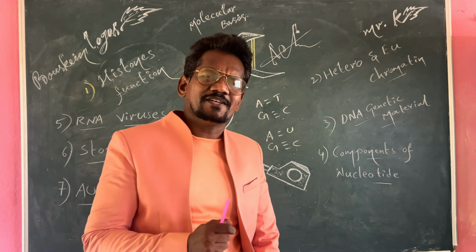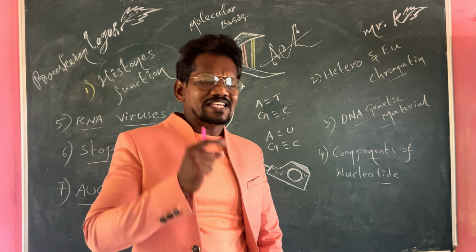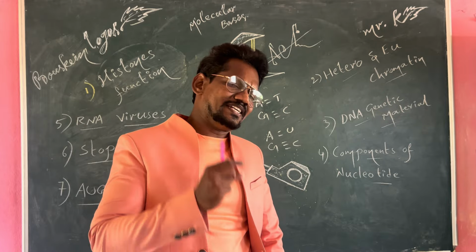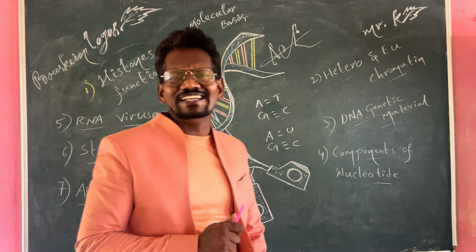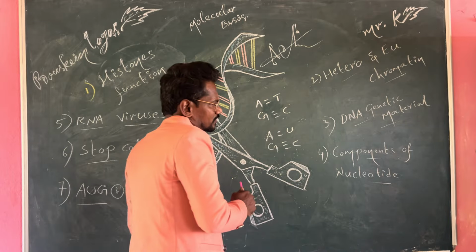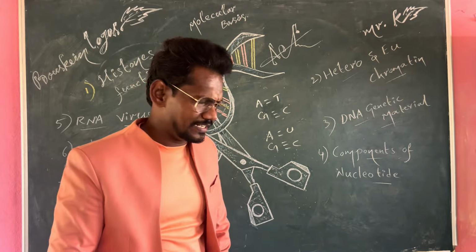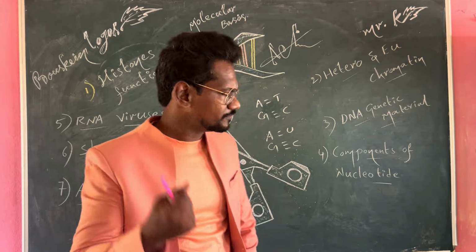Alfred Hershey and Martha Chase. Scientist number 1, Alfred Hershey. Scientist number 2, Martha Chase. These both scientists concluded DNA as the genetic material. It will be passed from one cell to another cell.